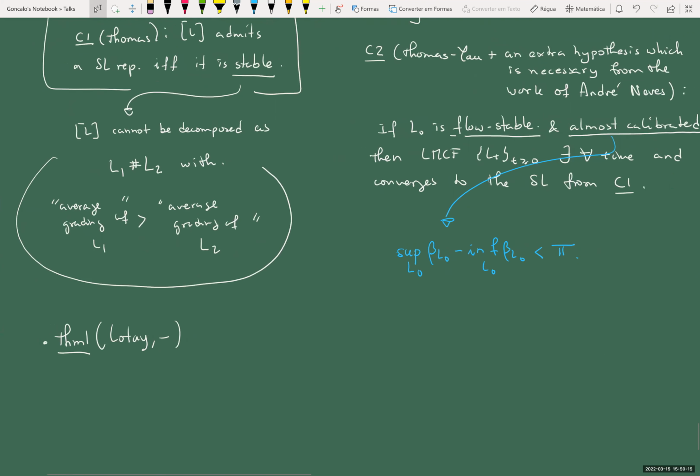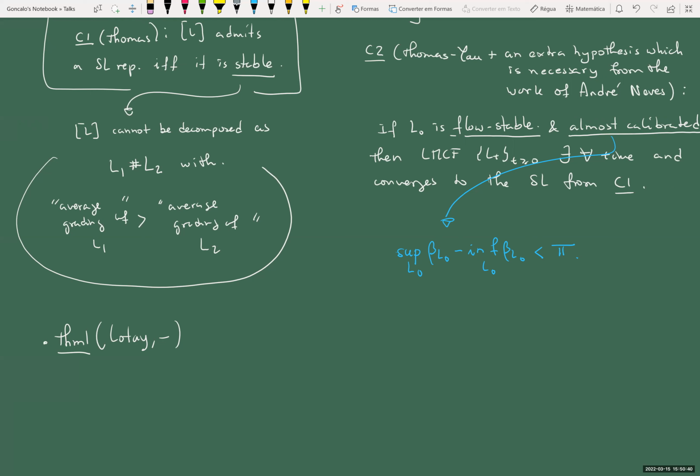And also there is a further condition, which is that every time you decompose L naught in some way, even if it's with a less or a less or equal, then the volume of L naught is less than the sum of the volumes of the two components. So there is an extra condition.